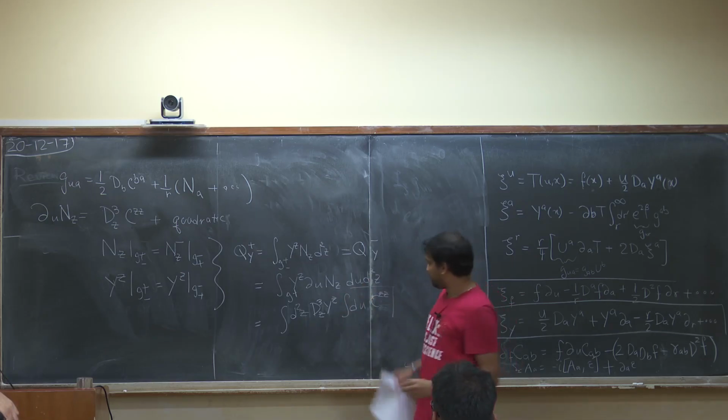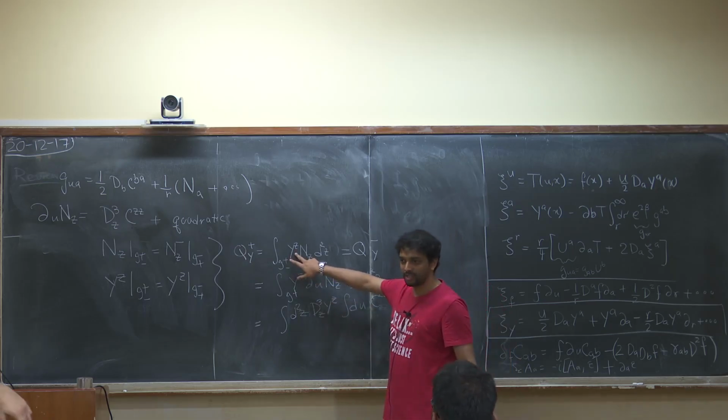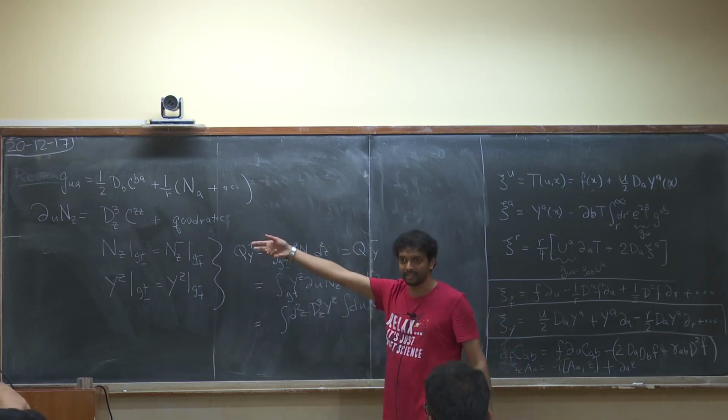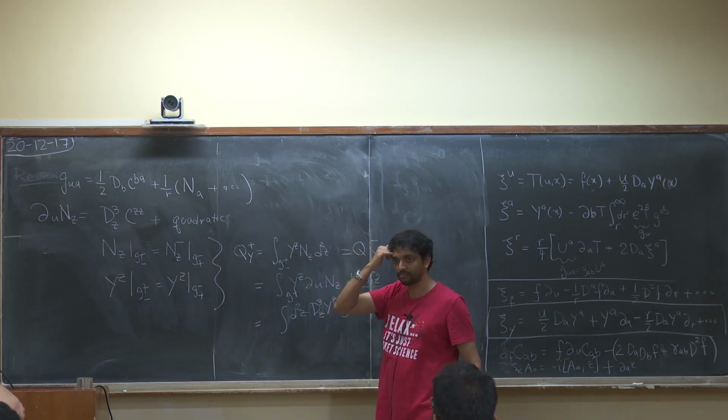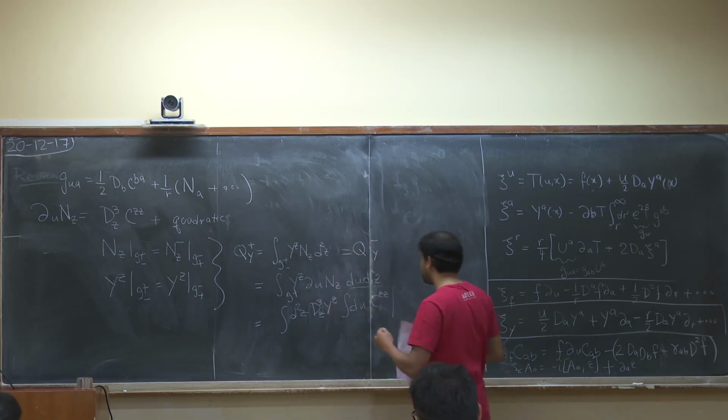So the holomorphic superrotations are associated with the negative helicity soft graviton theorem. Right?